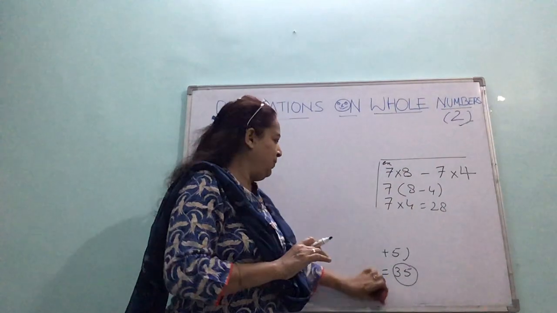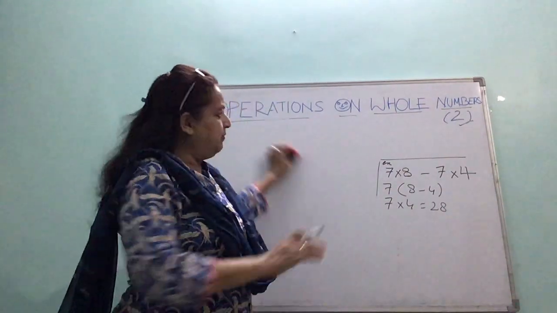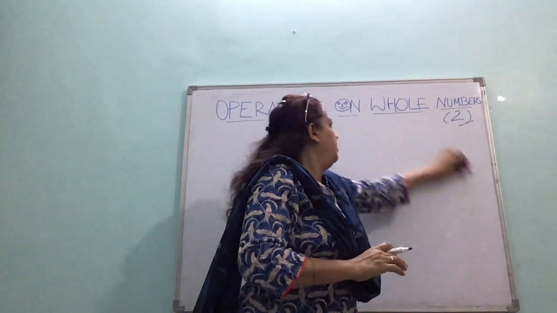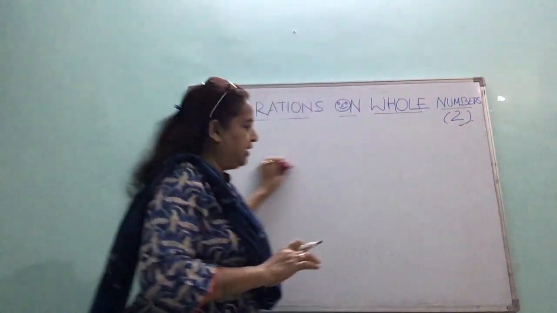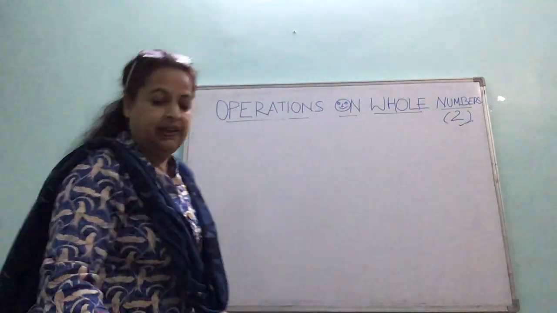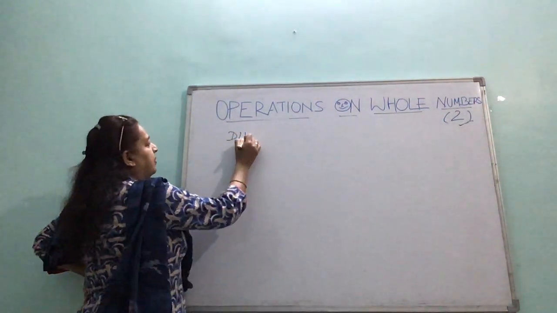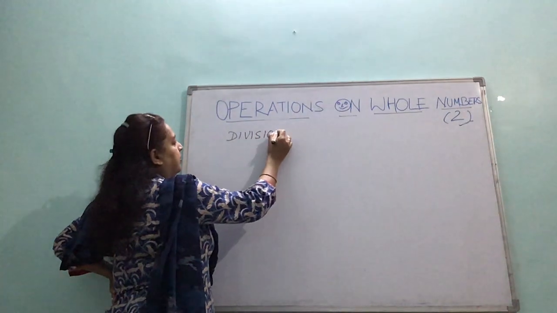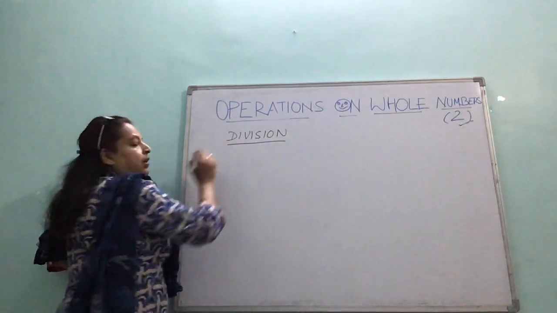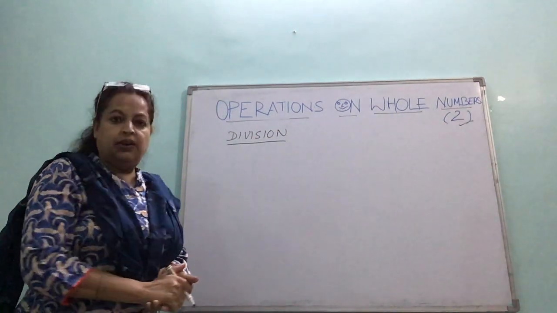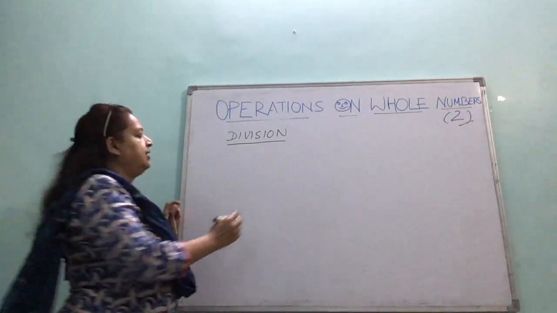What we have done till now, it does not show any of these main properties. But then, for division, there is an algorithm for division which I will just discuss.